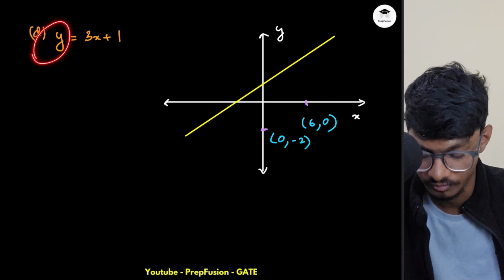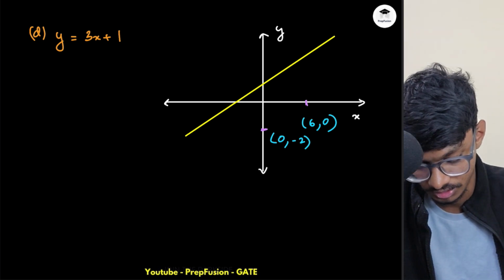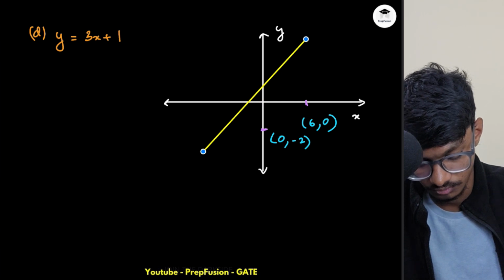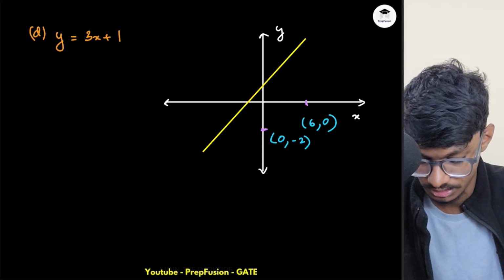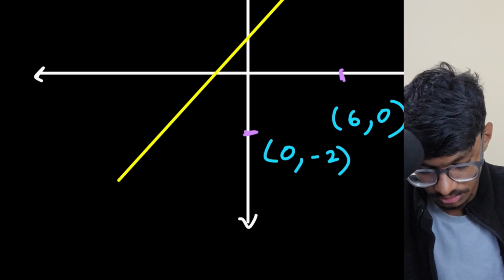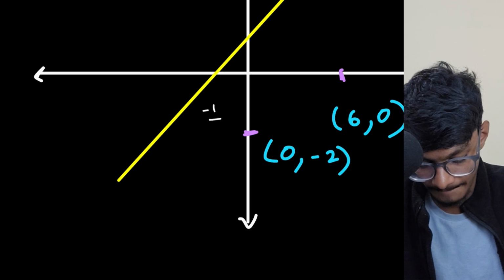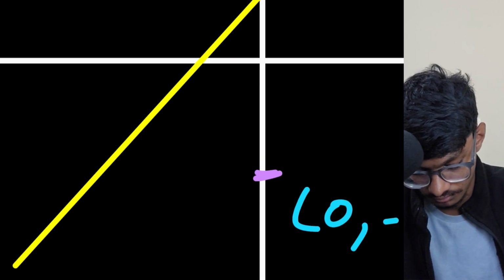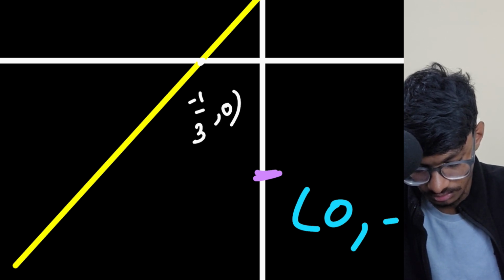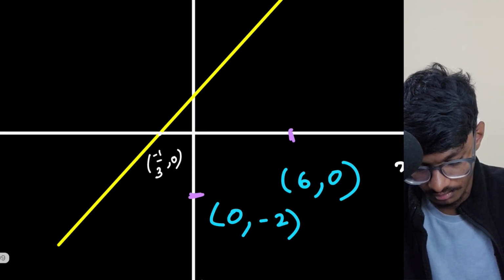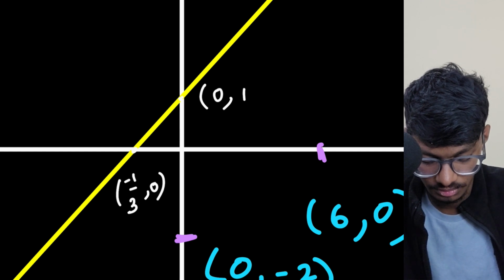And what is the x intercept when y is 0? That is x equals minus 1 by 3. So it will be something like this. The slope will be bigger here. So it is minus 1 by 3 comma 0, and 0 comma 1.